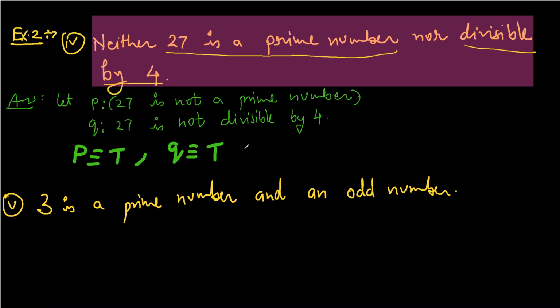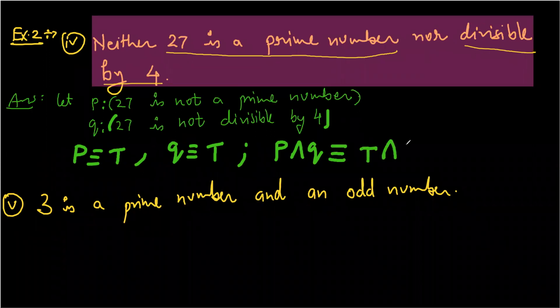So symbolically now you see here, this statement is P and Q. As I told you students, the given statement you can write as P and Q. So P and Q, that is true and true, which is true. So the final answer, what will you write, students?